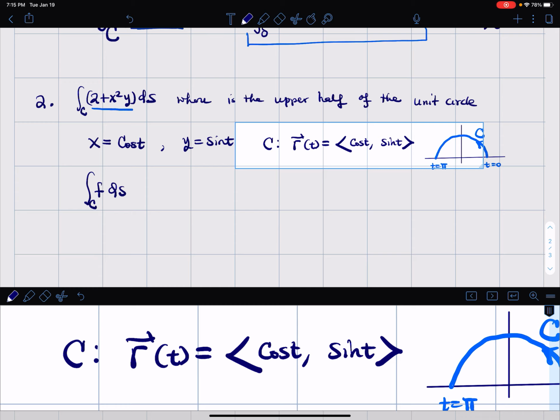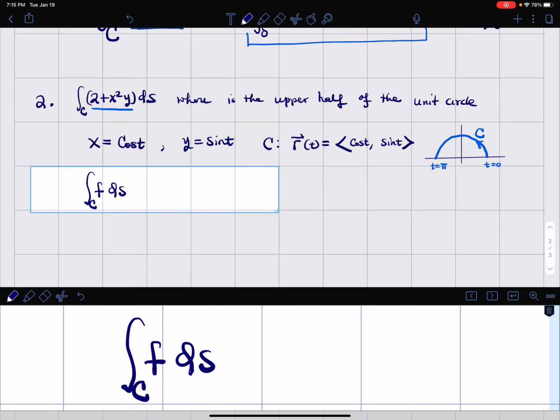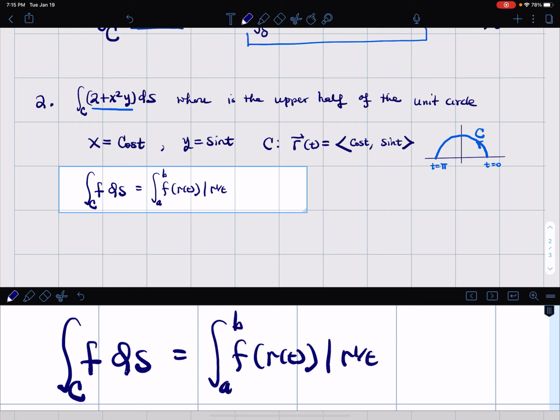Okay. All right. So remember this, I'll keep writing this formula. The integral over C of f ds is the integral from a to b of f of r of t times the magnitude of r prime of t dt.